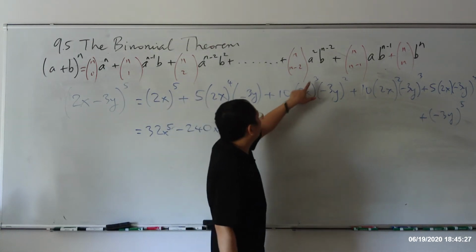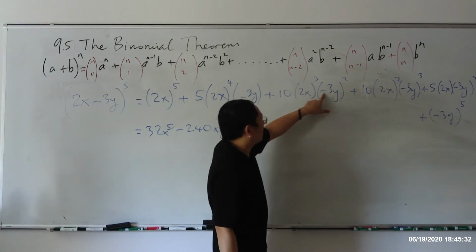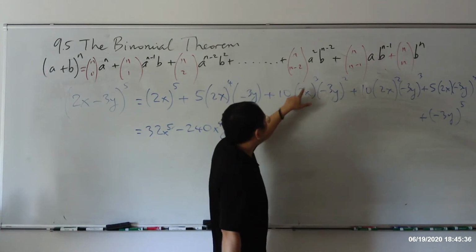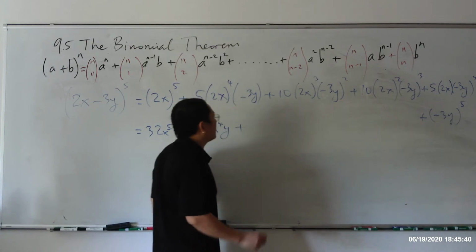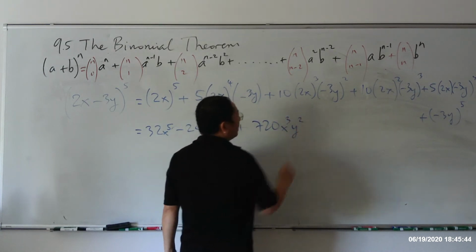And plus: 2 to the 3rd is 8, 10 times 8 is 80, 80 times 9, because you square negative 3, so now it's plus. 80 times 9 is 720, x cubed y squared.